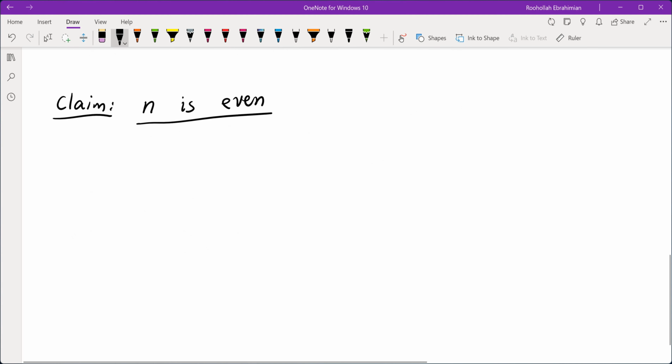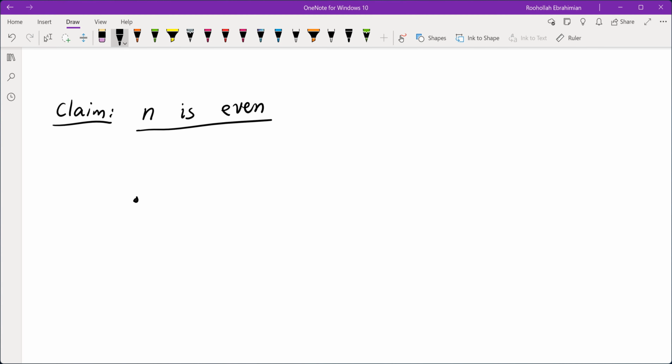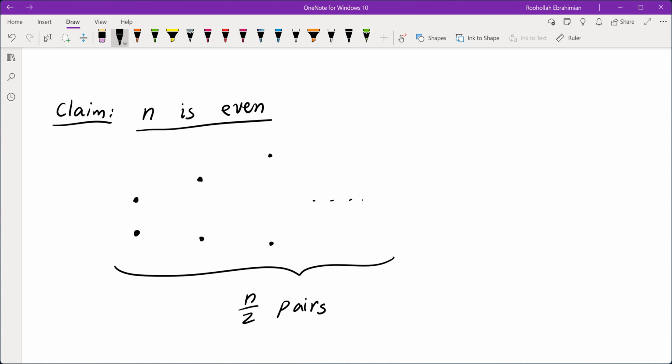So first of all, if n is even, here's how we can produce a town. We take the houses and we set them in n over 2 pairs. We are going to make sure that these two are closest to each other, and these two are closest to each other, and these two are closest to each other, and so on.